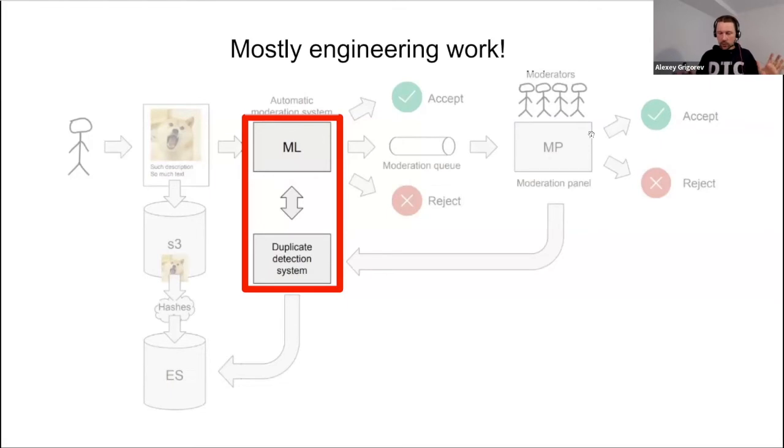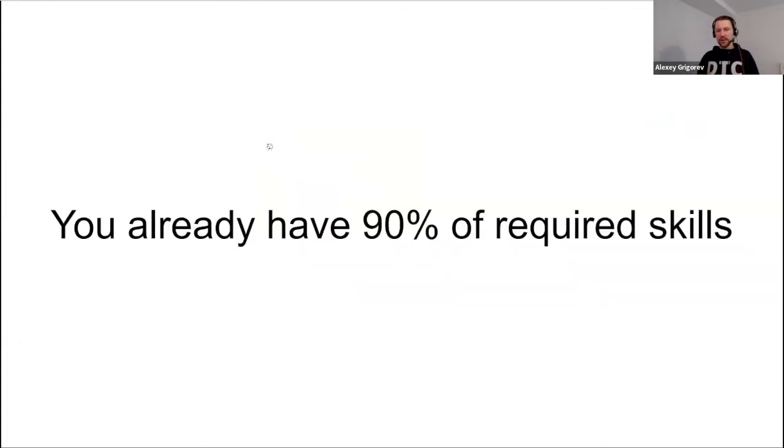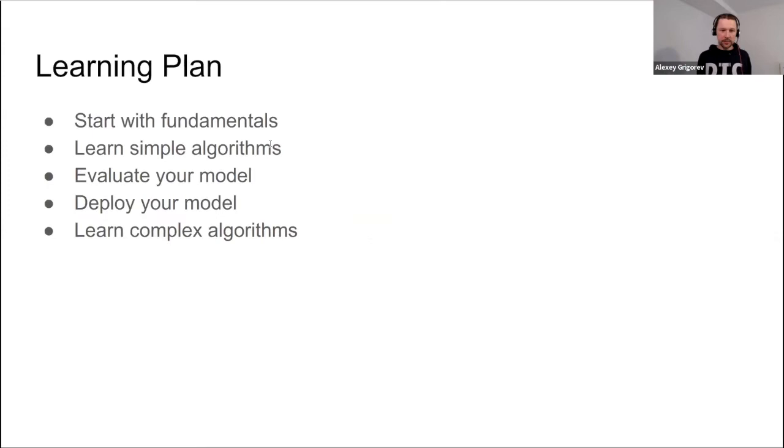What you don't know probably yet is how this thing might work. But the good news is this is only 10% of the work, and the remaining 90%, you already have. So you just need to find a way to acquire this 10%. And then you can work as a data scientist or as a machine learning engineer and use machine learning at your work. So let me tell you how you can actually do that.